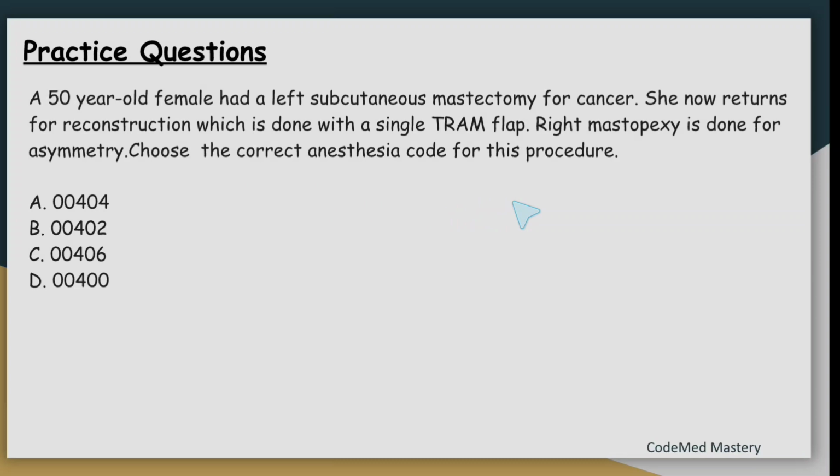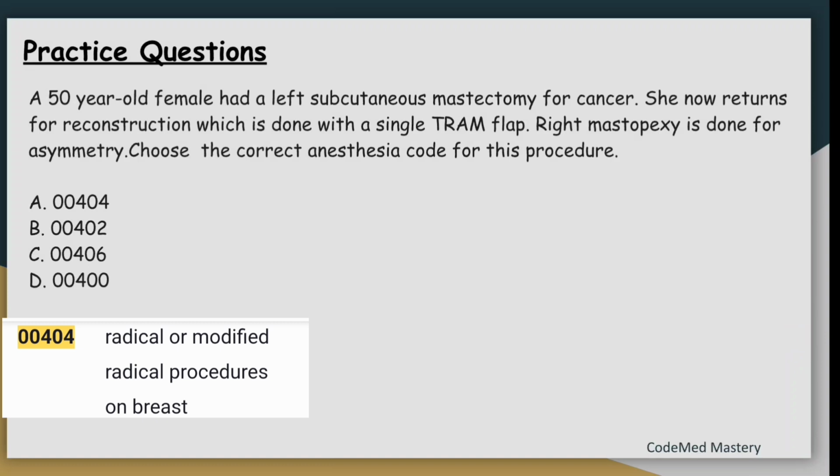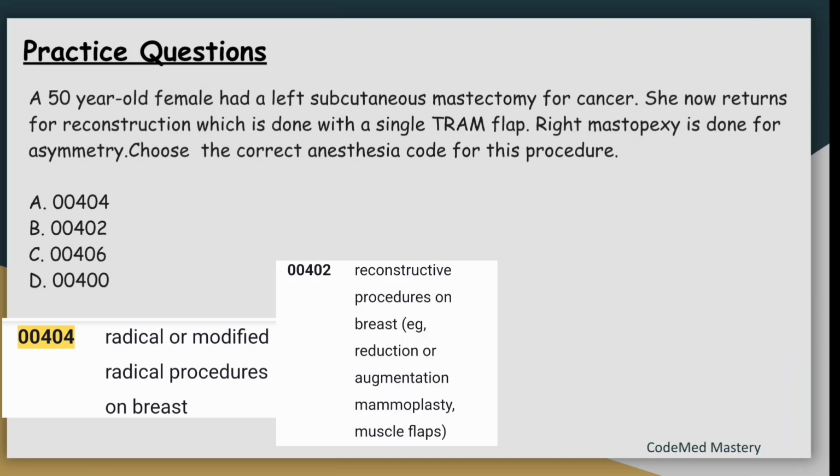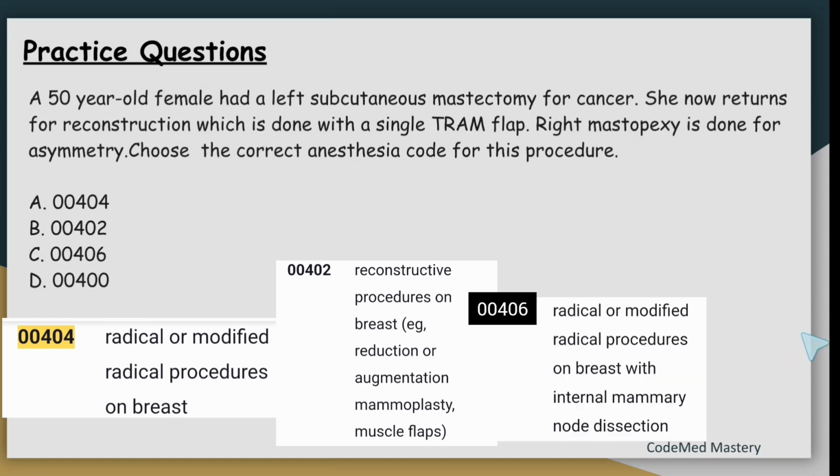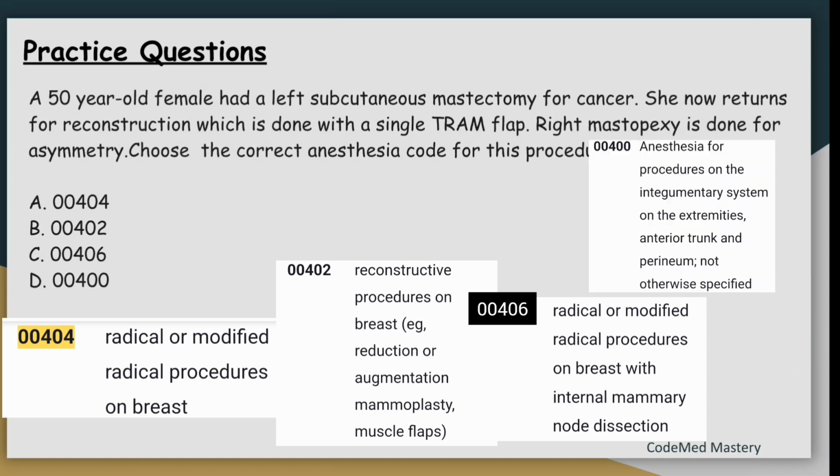Choose the correct anesthesia code for this procedure. 00404 is for radical or modified radical procedures on breast. 00402 is for reconstructive procedures on breast, reduction, augmentation, mammoplasty, muscle flaps. 00406 is for radical or modified radical procedures on breast with internal mammary node dissection, and 00400 is for anesthesia for procedures on the integumentary system, extremities, anterior trunk, perineum, not otherwise specified.